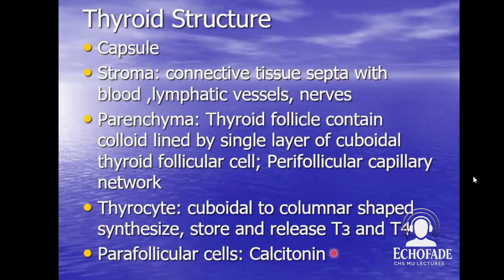It lowers calcium levels in blood by promoting deposition of calcium in the bone, by promoting secretion of calcium in the kidney, and by inhibiting reabsorption of calcium in the digestive tract. So in that way, you are able to lower the calcium levels in blood.